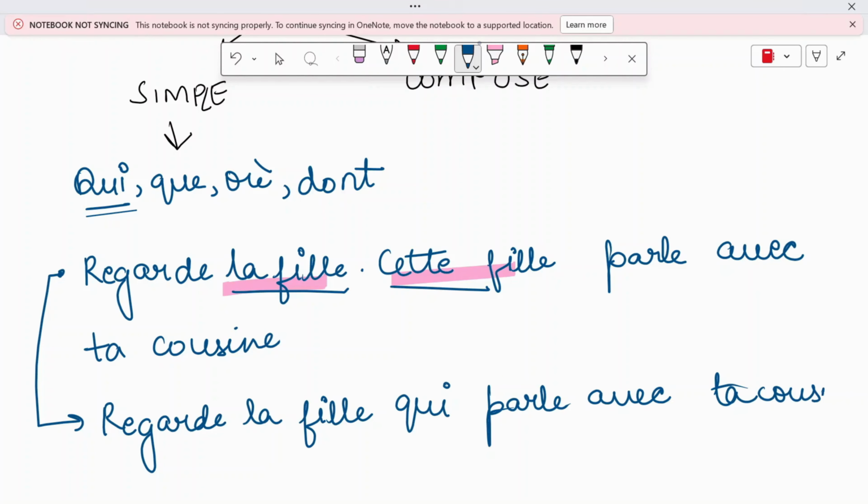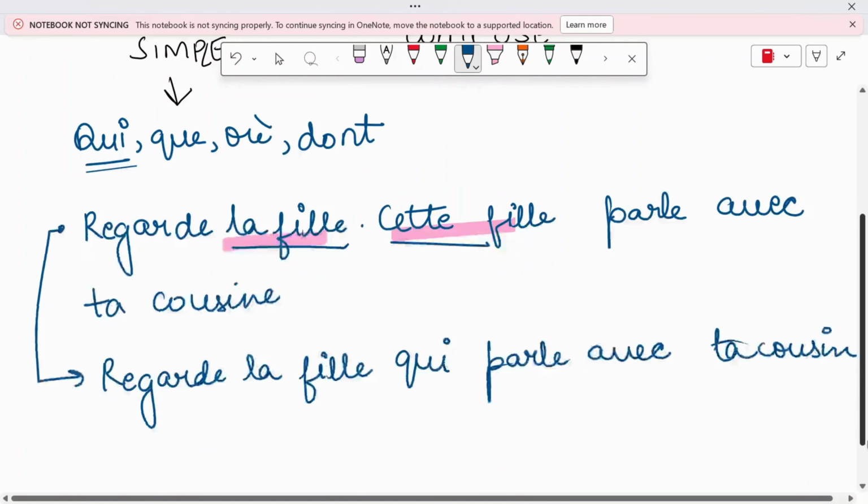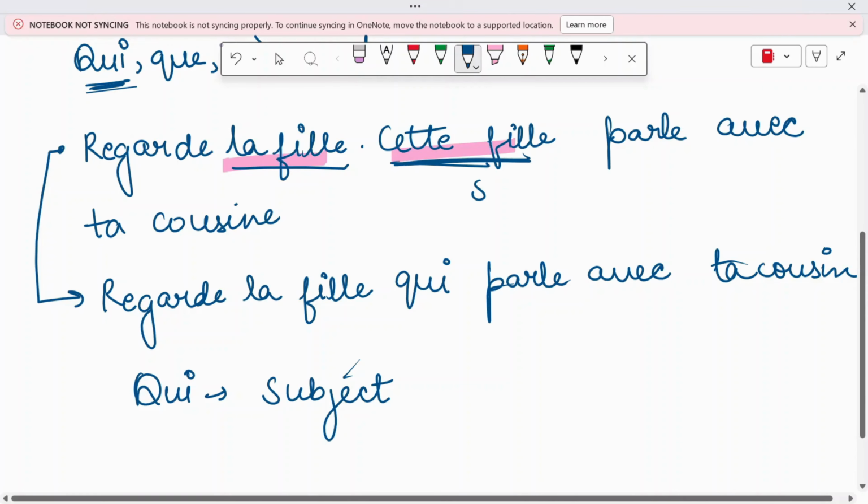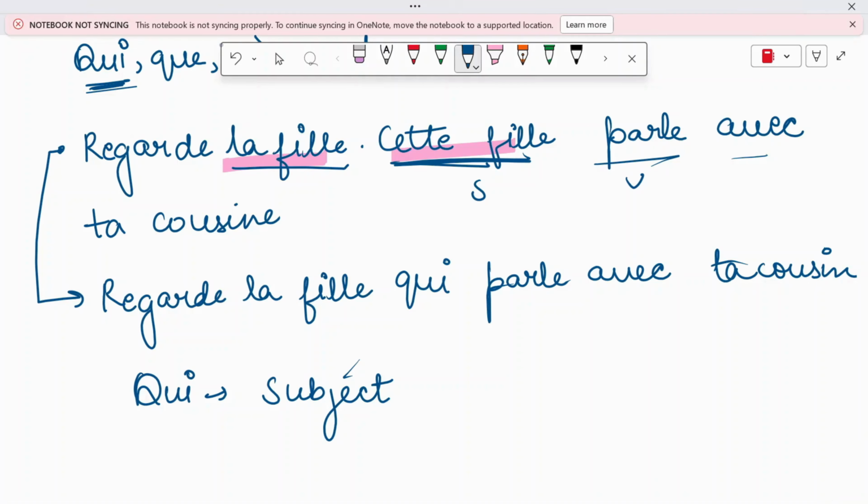We are just going to focus on the repetitive word, and if it comes in the fill in the blanks format, you are going to understand the framing of the sentence, of course. So qui is for the subject. Here, this girl was at the subject's place. Subject, verb, and the rest is the object.